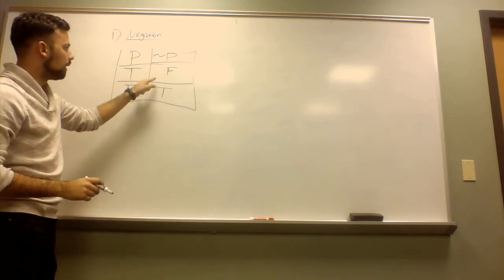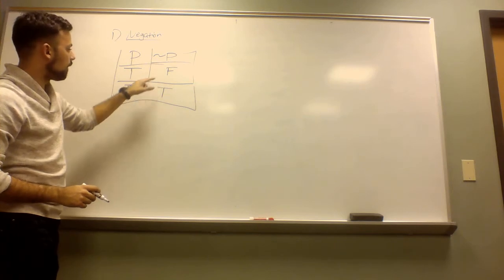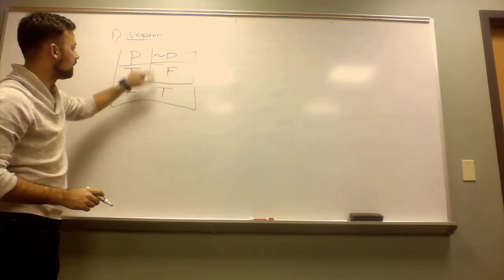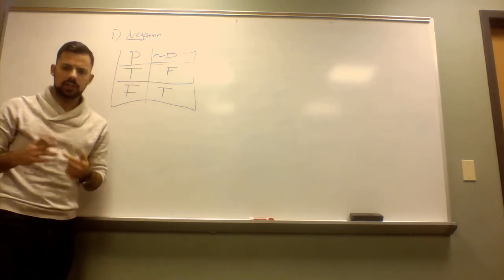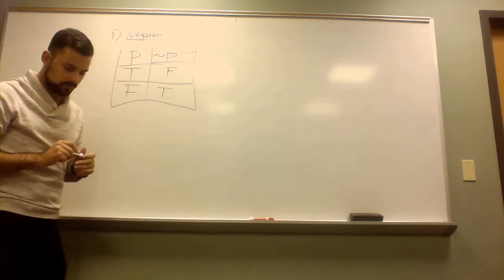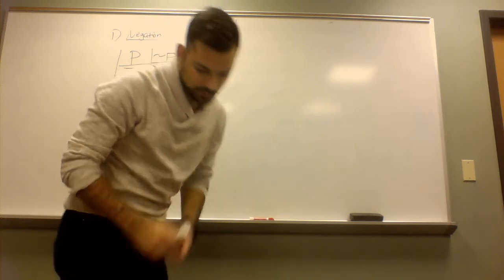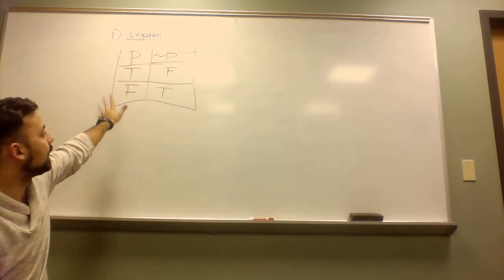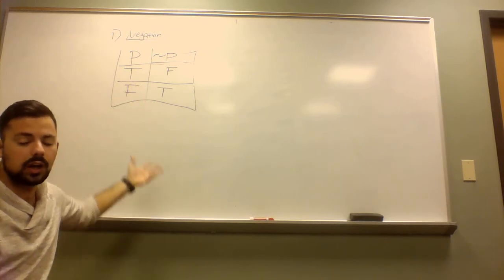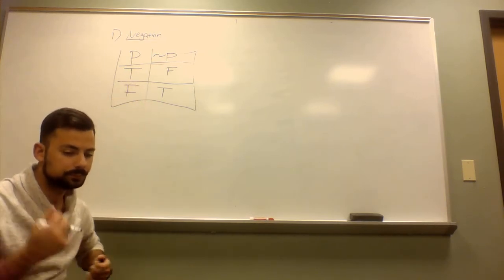Whenever P is true, the negation makes it false. When P is false, then the negation makes it true. I hope that's clear to you. So we're going to move on. The not operator reverses the truth value of the propositional unit.